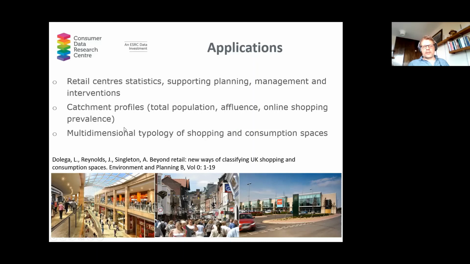We compare the characteristics in a number of different domains, so we can compare different centers, different areas, and performance over time. Okay, so that's it. And there is a research paper here which talks about the multidimensional typology. Thank you.